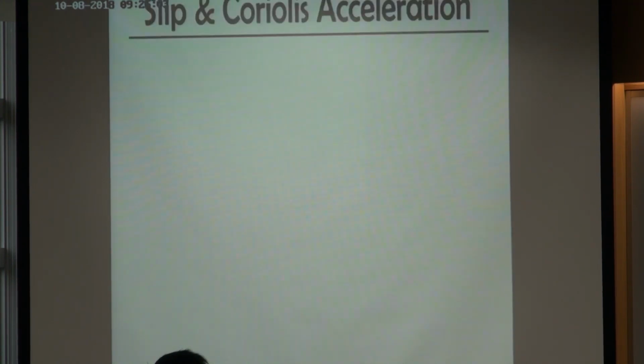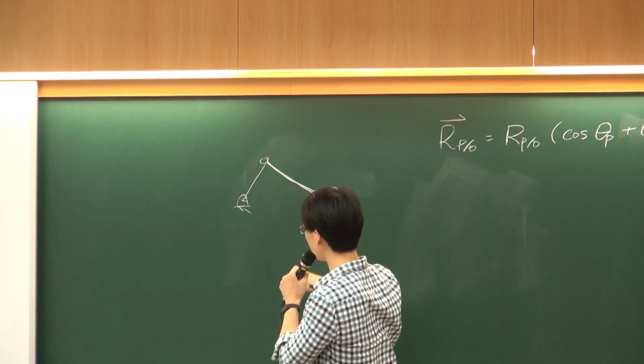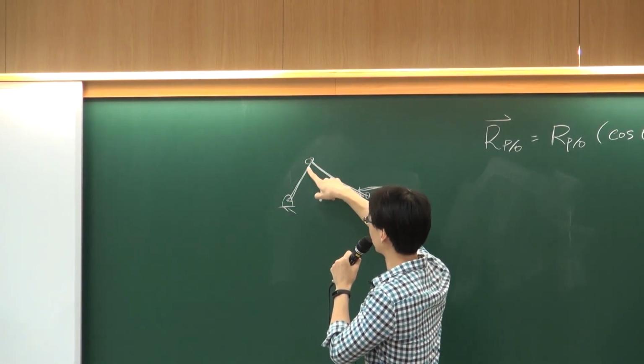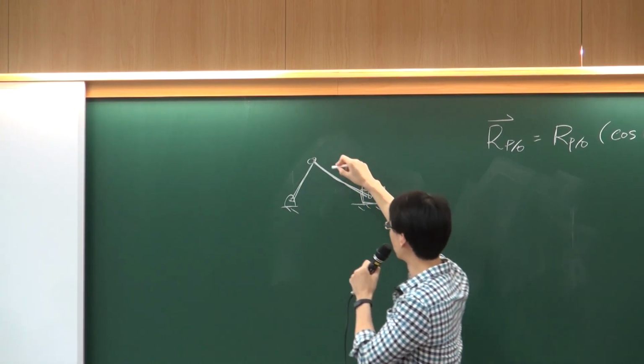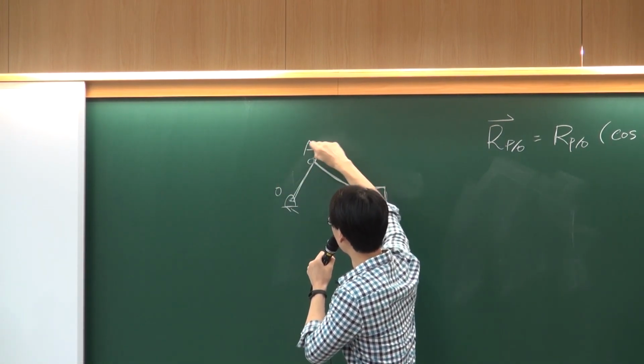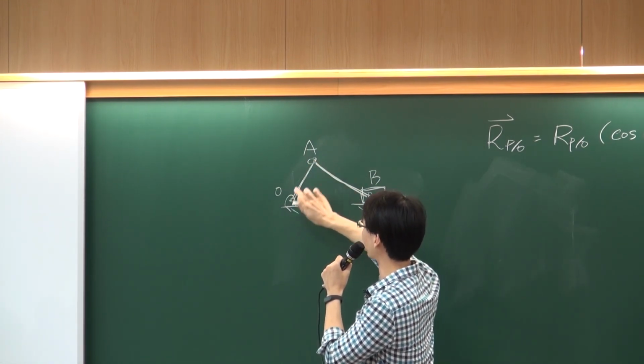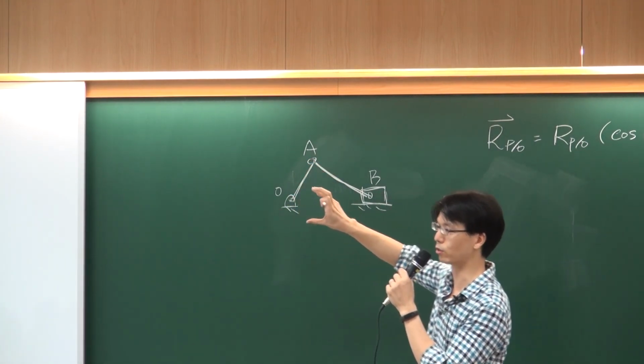The difference between the second part and the first part: in the first part, we usually deal with this type of example. For this type of link, if it's not a slider, we always consider that the length between O and A, the length of OA, is not going to change.